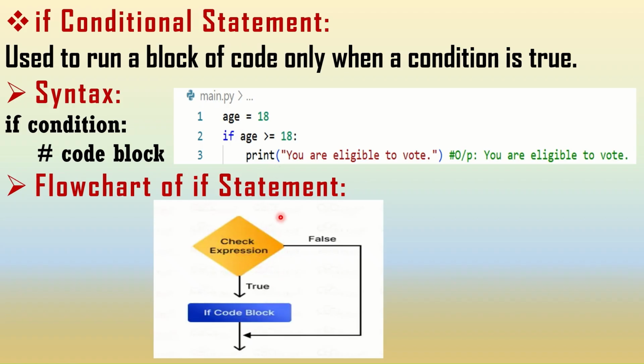Otherwise, if the condition becomes false, then the control jumps out of the statement, and whatever statements we have outside will be executed. So initially the condition is checked; if true, the block of statements inside will be executed. Otherwise, it jumps out of the if conditional statement. So this is about the if conditional statement. Now let's move on to the next one.